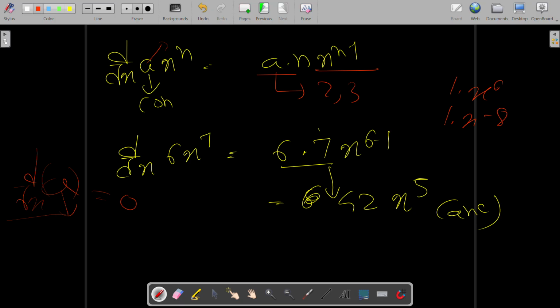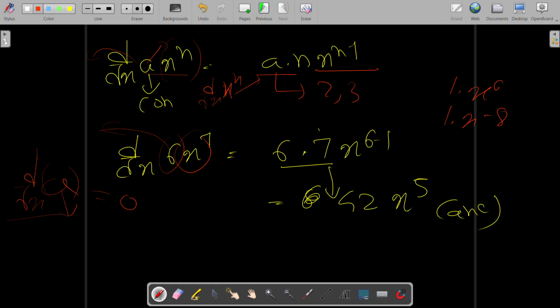But in this case the constant is multiplied by the variable, so the constant stays on the left side and the differentiation goes on: d by dx of a x to the power n becomes a times n x to the power n minus 1. Similarly, for d by dx of 6 x to the power 7, the constant 6 does not change with time, but the x part does.